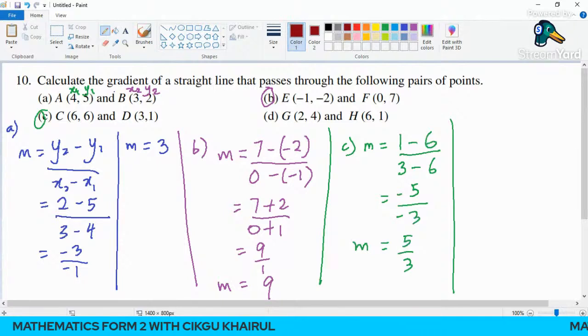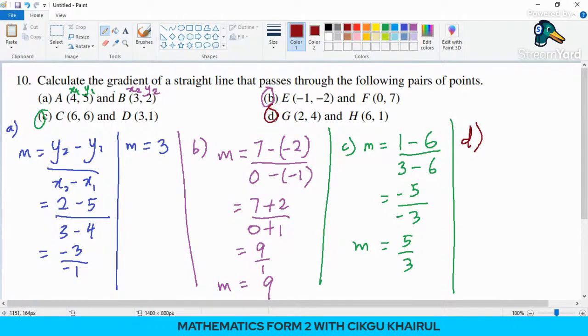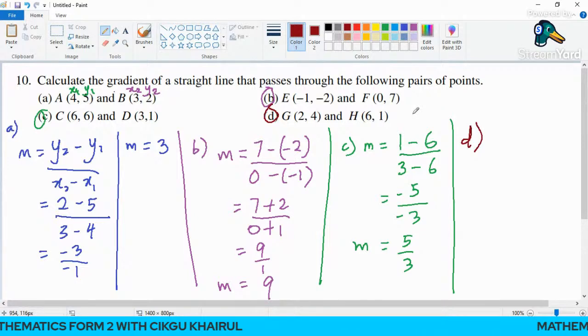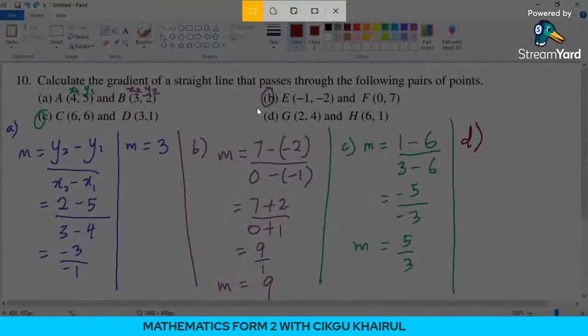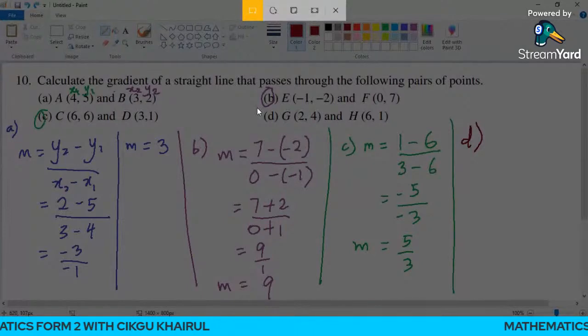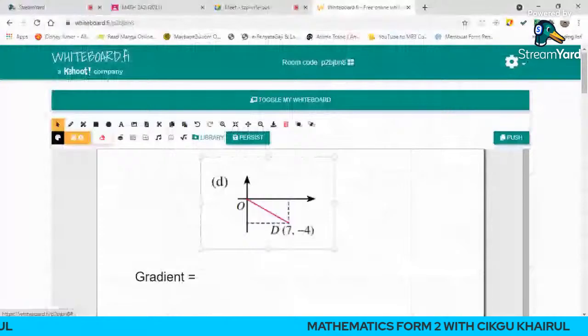Okay, question D. So this is question D. Okay, maybe I give you this question. You try. Okay, let me copy first this one. Try to find the answer for question D. Okay, let me erase everything here.